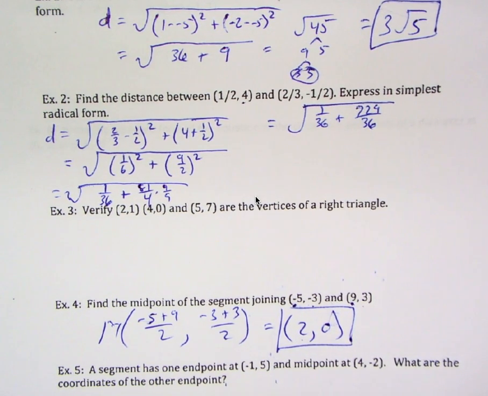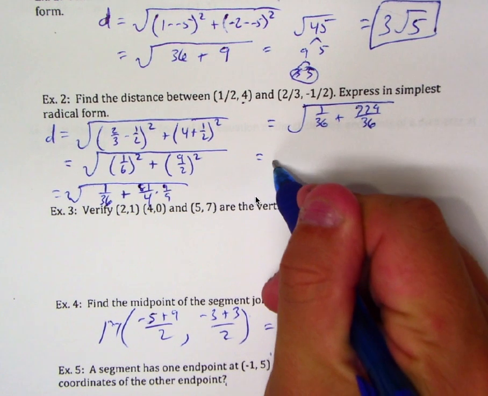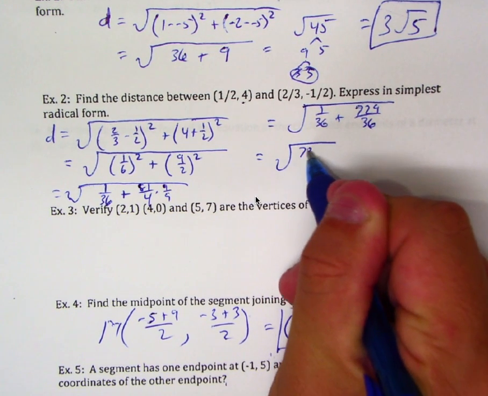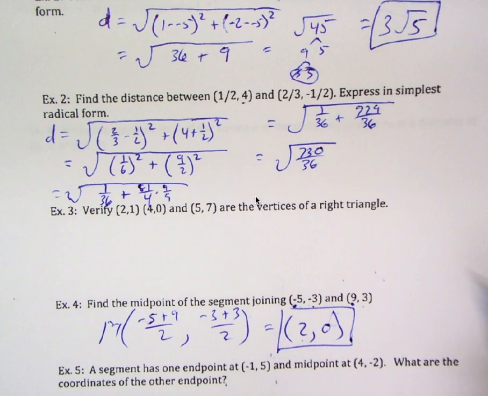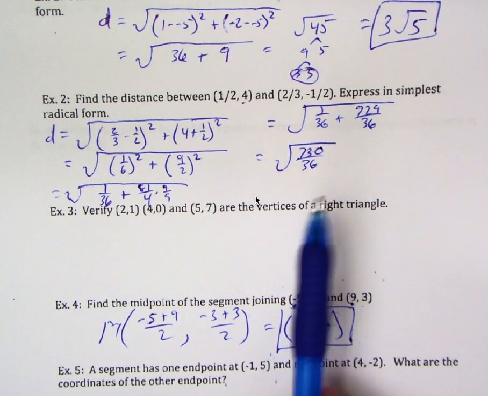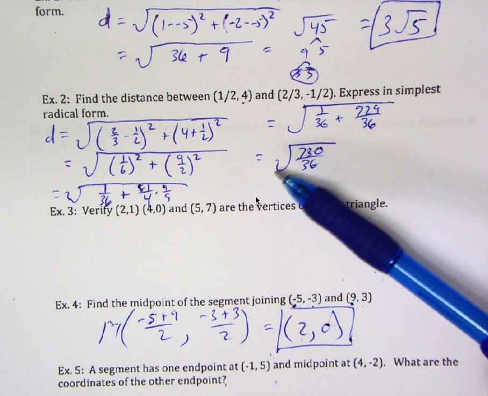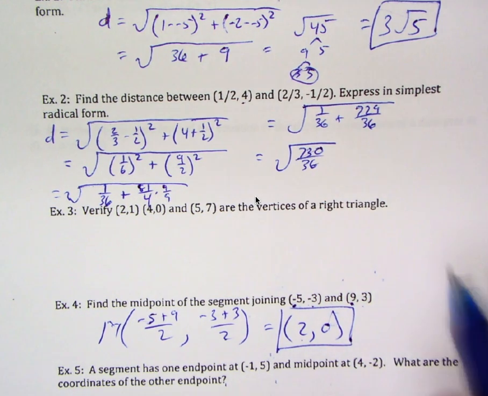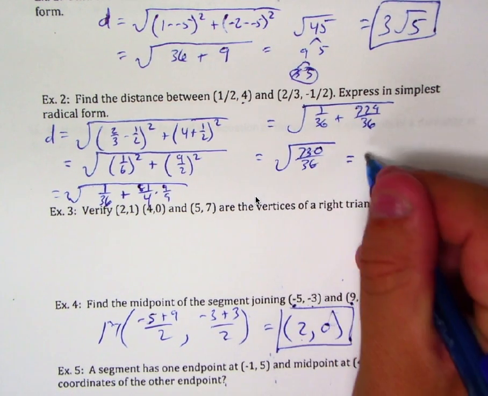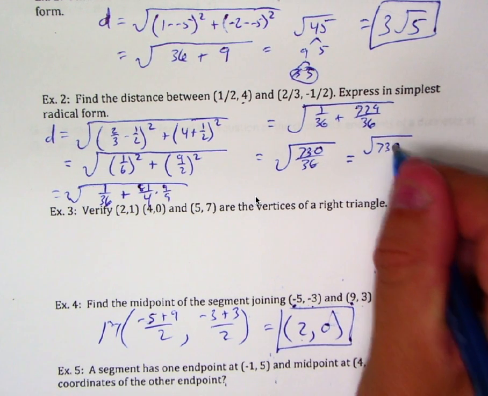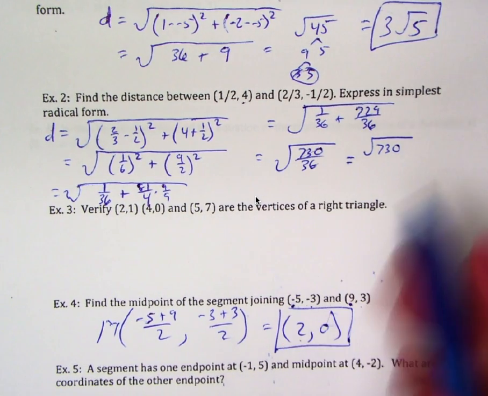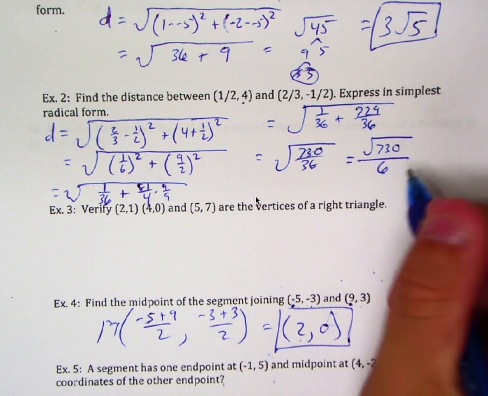Now we can add them, and we get square root of 730 over 36. When you have the square root of a fraction, you can actually take the square root of the top and the bottom separately. So I'm going to do that. I'm going to put the square root on top, so square root of 730. And on bottom, the square root of 36 is just 6.